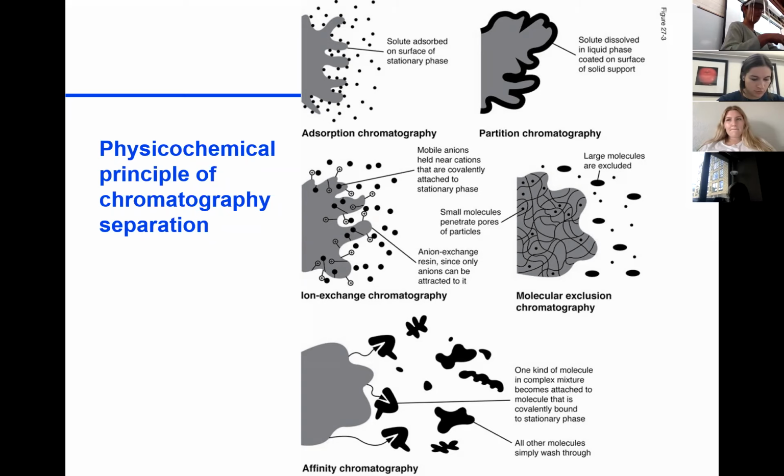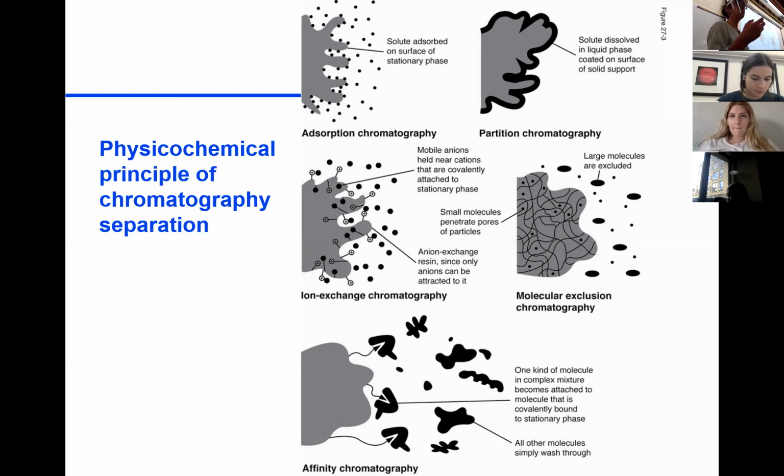Positive attracts negative, so you're attracting negative ions. Another word for negative ions is anions. You have cations and anions. Anions are negatively charged. So when you have a stationary phase that has a positive charge, then it is anion exchange. Why? Because it's exchanging anions.